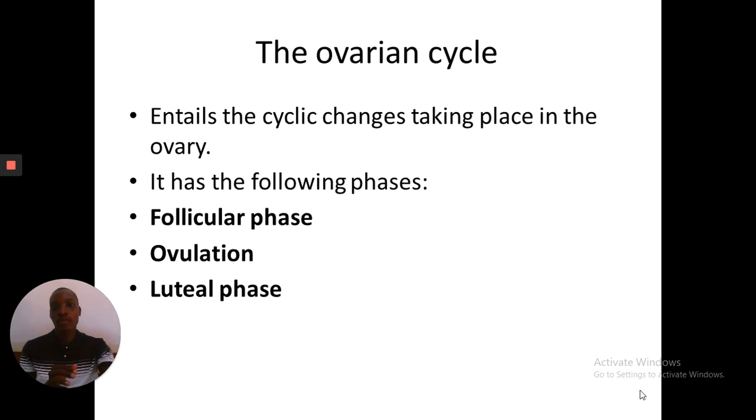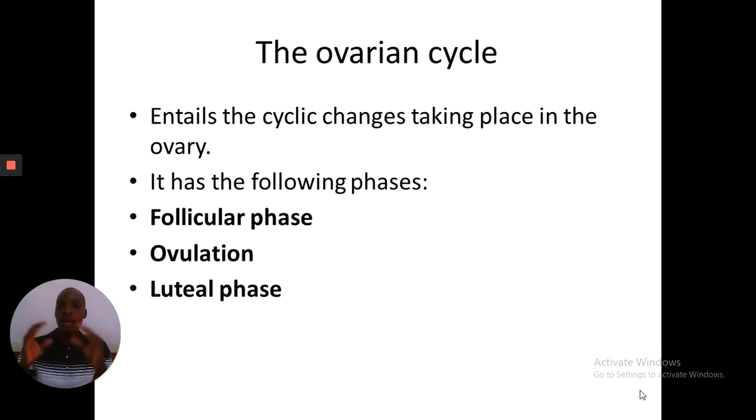So let's start with the ovarian cycle. And it's simple, like we said, the cyclic changes that take place within the ovary. The main aim here, within the ovary, is simply preparing an ovum for fertilization and pregnancy. That is the basic aim of the ovarian cycle.